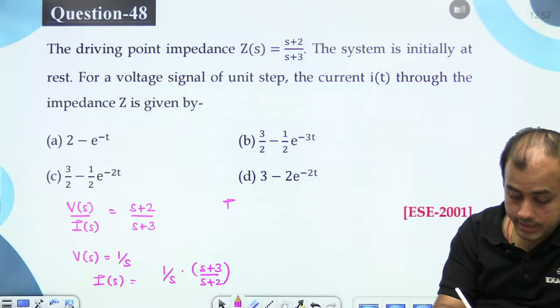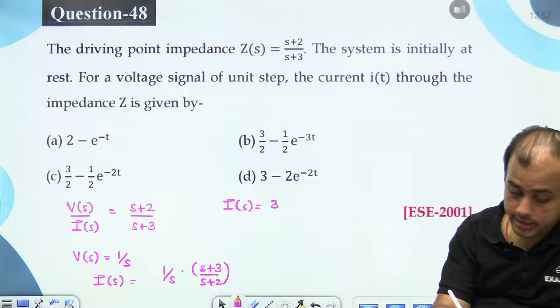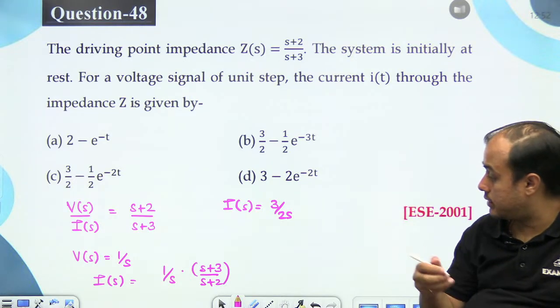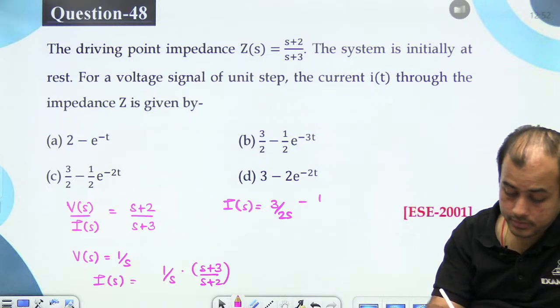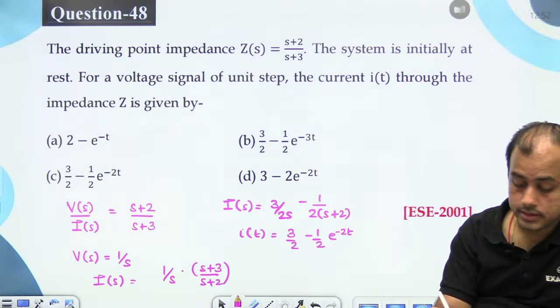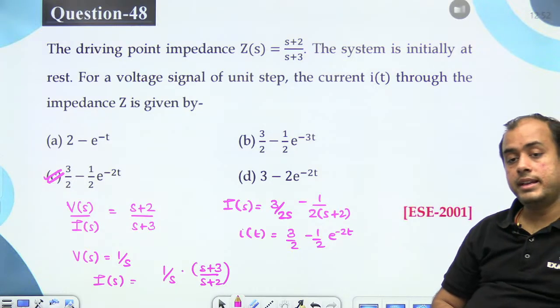So what will be I of S? So it will be 3 by 2S. At -2, it will be. So this will be the answer C. Okay, the answer will be C.